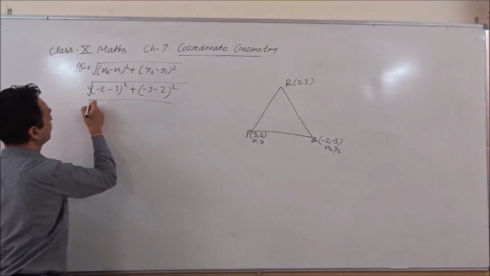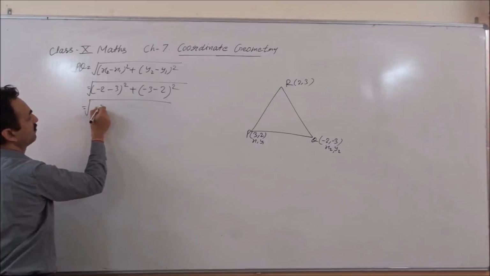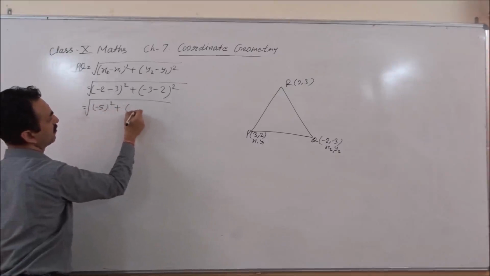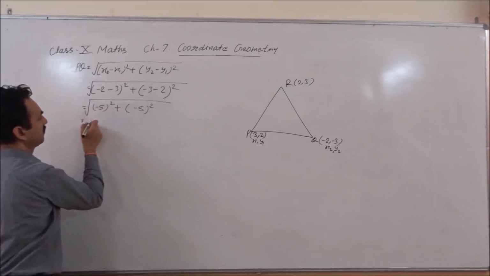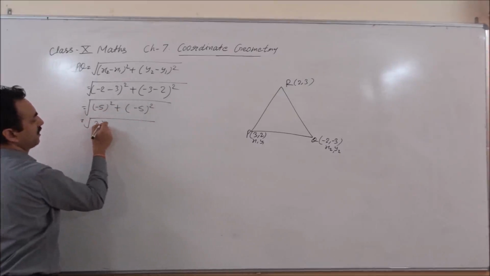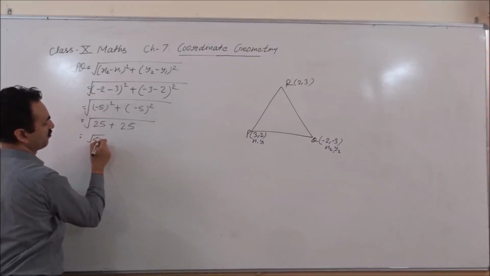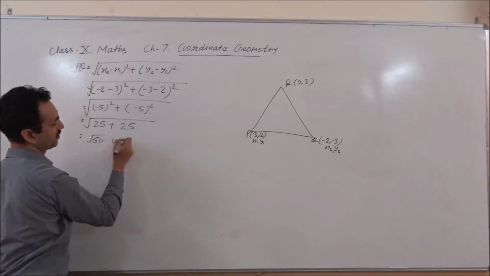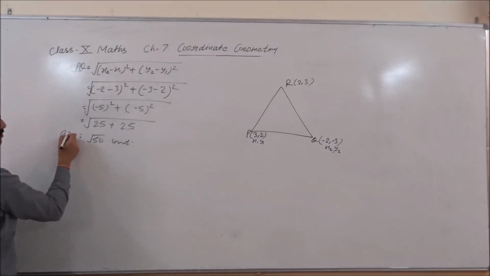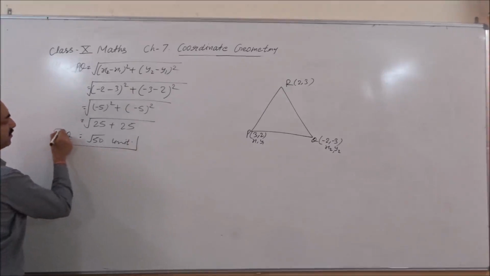Solve it: -2 minus 3 is -5, whole square. -5 whole square is 25, plus 25 is 50. This is root 50. So PQ is root 50 unit.